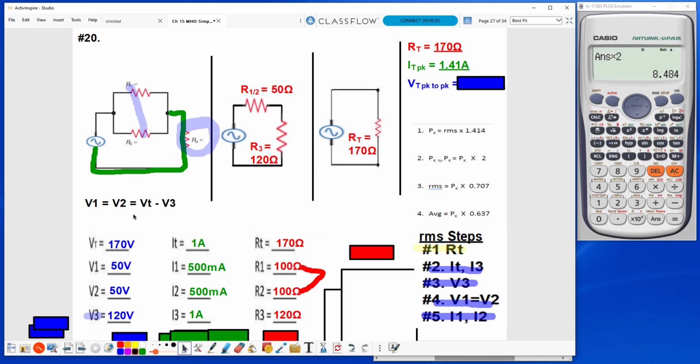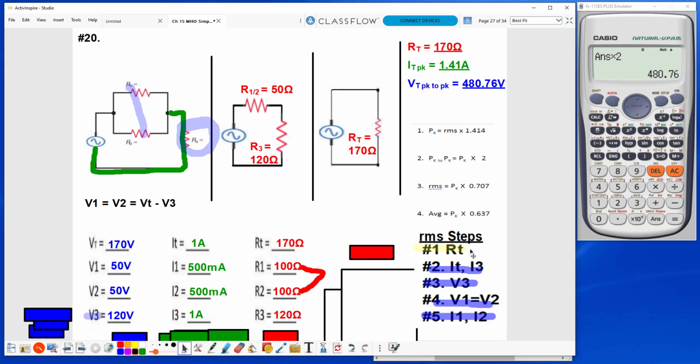The first step is we want to take this VT RMS of 170 volts, and we want to find the peak. So we take the 170 times 1.414. That would give us our peak value. And then we take this number times 2, and that gives us our peak to peak value.